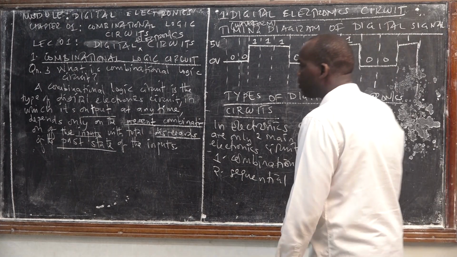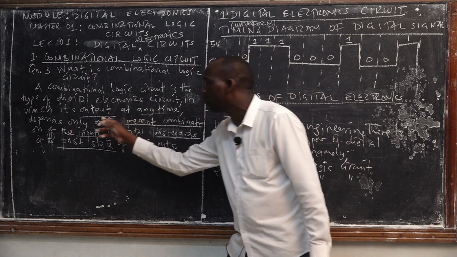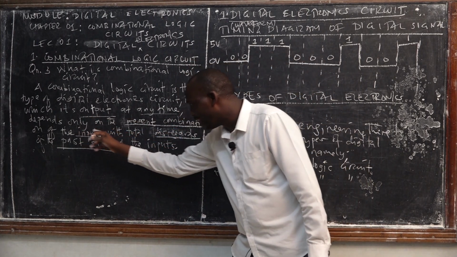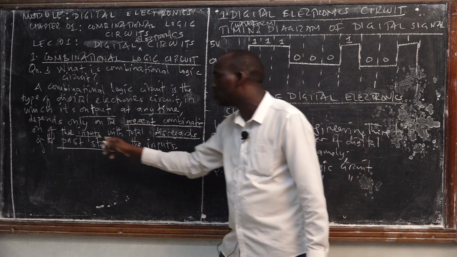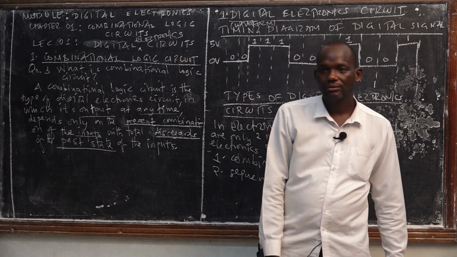So we say that this is a type of digital electronic circuit in which its output at any time depends only on the present combination of the inputs, with total disregard of the past state.